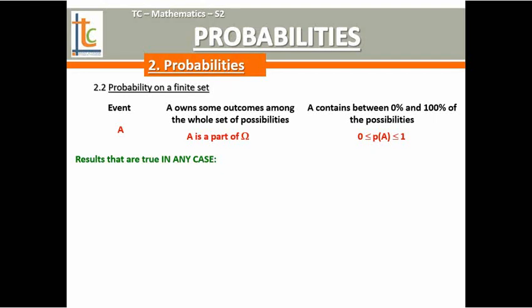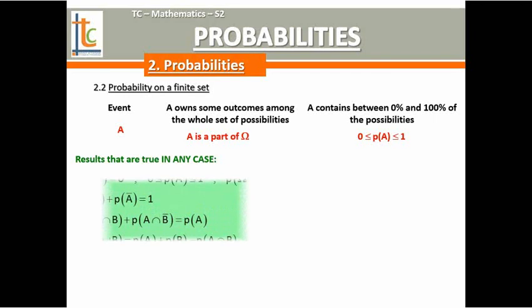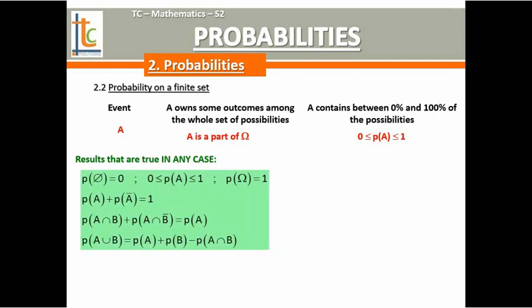So, if we define a probability in a proper way, mathematically, we get results that come directly and very quickly, and that are true in any case. Here are some of those results. The probability of the empty set is 0.